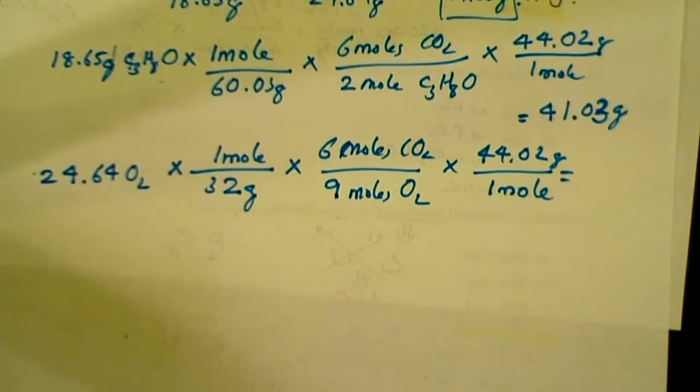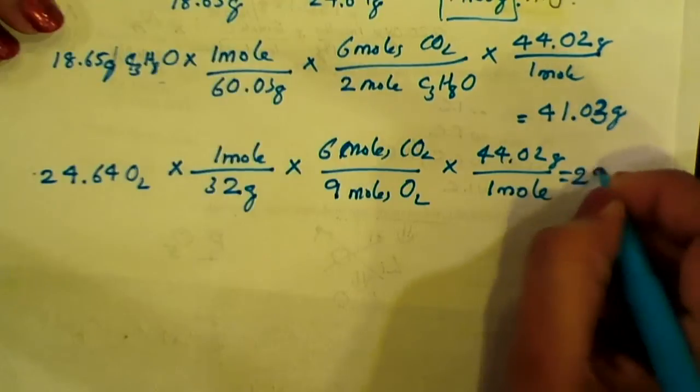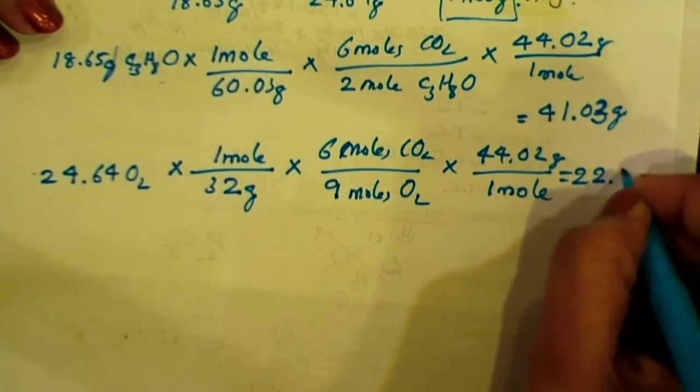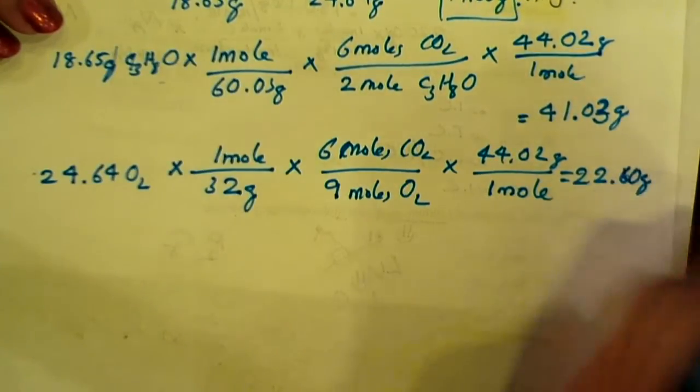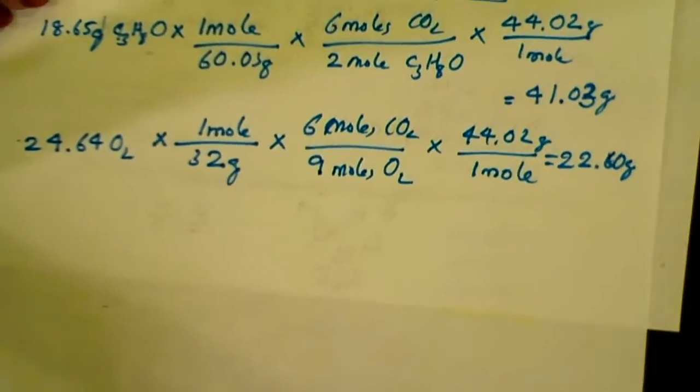with 9 moles of oxygen you will get 6 moles of carbon dioxide. So 6 moles of CO2 over 9 moles of oxygen times 44.02 grams over 1 mole.